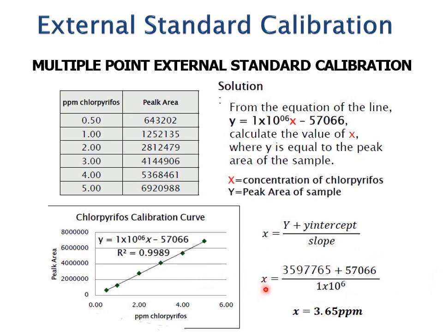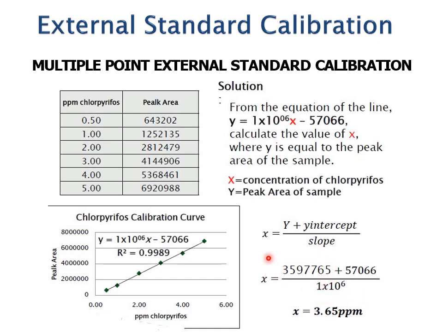So, X is equals to 3597765 plus 57066 divided by yung slope here is 1 times 10 to the 6.